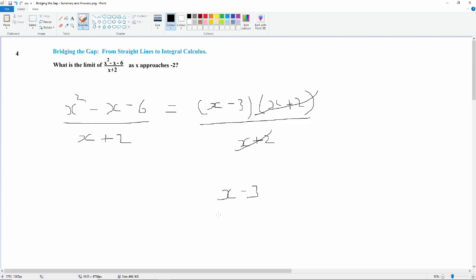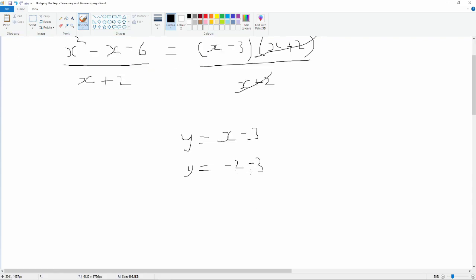So when x equals negative 2, we have negative 2 minus 3, which is negative 5.